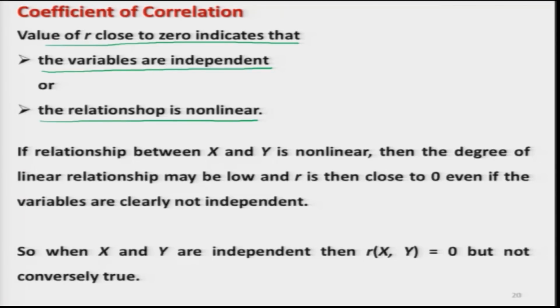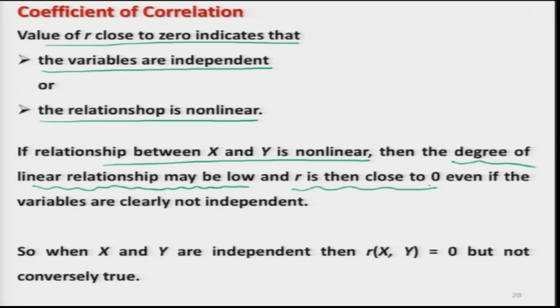So, what happens if the relationship between x and y is non-linear? In this case, the degree of linear relationship computed by the correlation coefficient may be low, and so the value of r is close to 0. This will indicate as if the variables are independent, but that is not correct, because there exists a non-linear relationship.